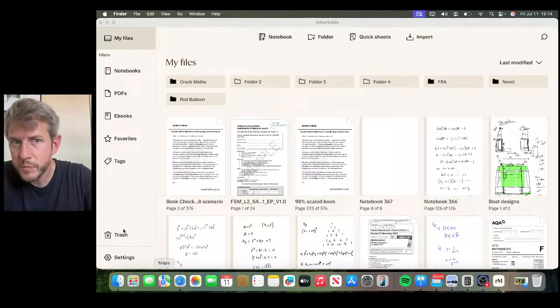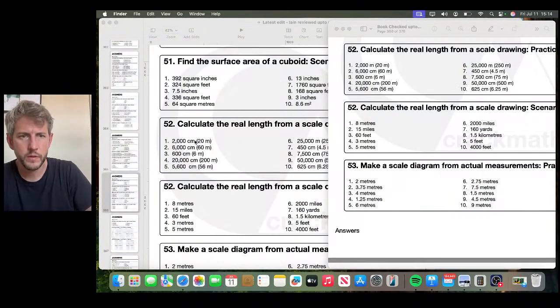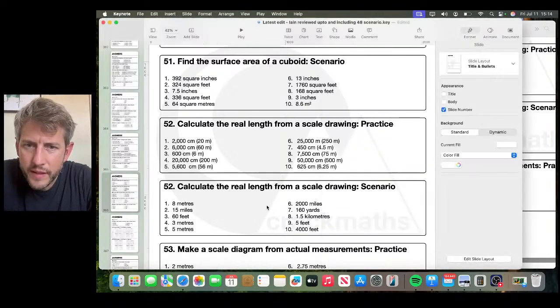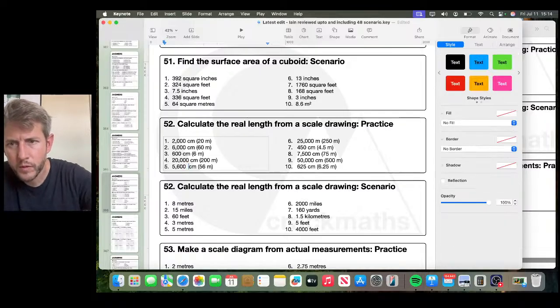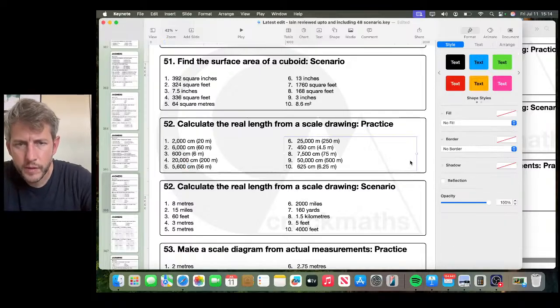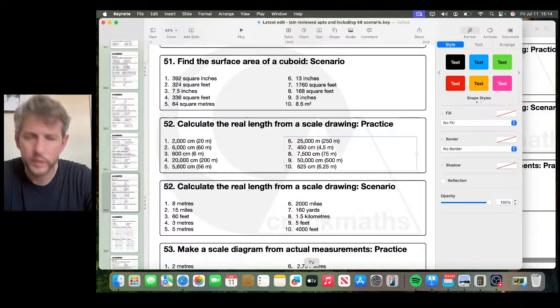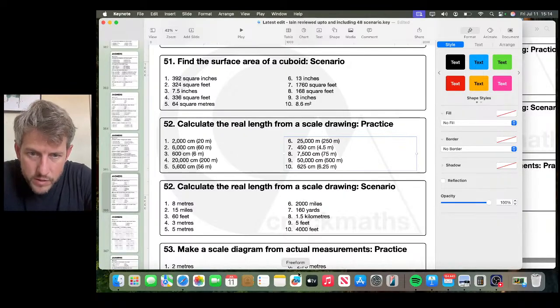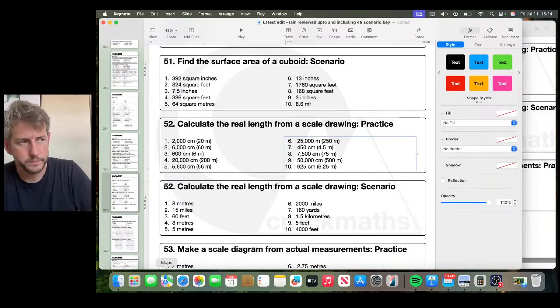Let's try once more. We'll close this down and turn this off. And then in the meantime, I'll edit that. Okay. Right. Let's keep going. Sorry about this.